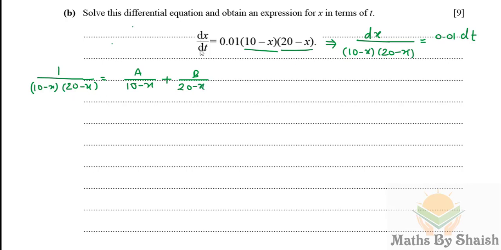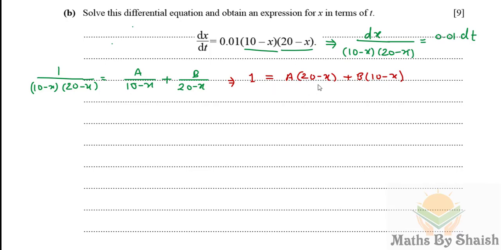Now we multiply throughout by the denominator (10 − x)(20 − x). The left hand side gives 1, and the right hand side gives a(20 − x) + b(10 − x).